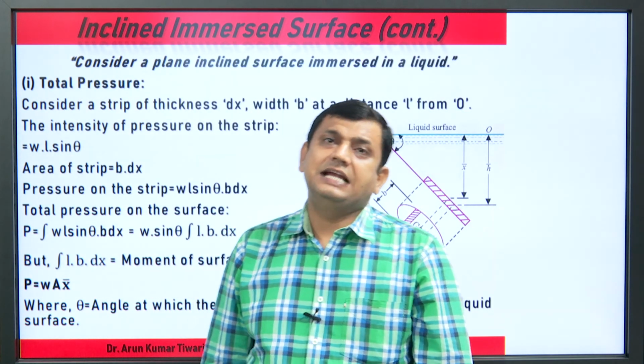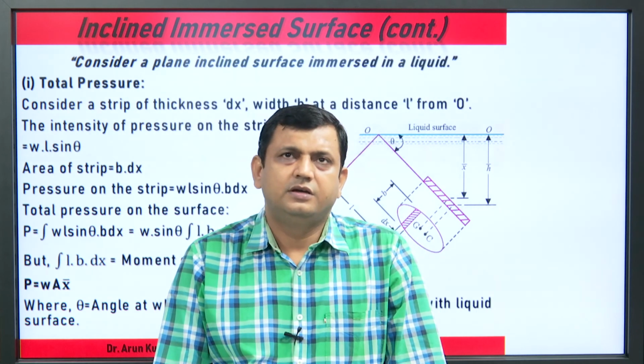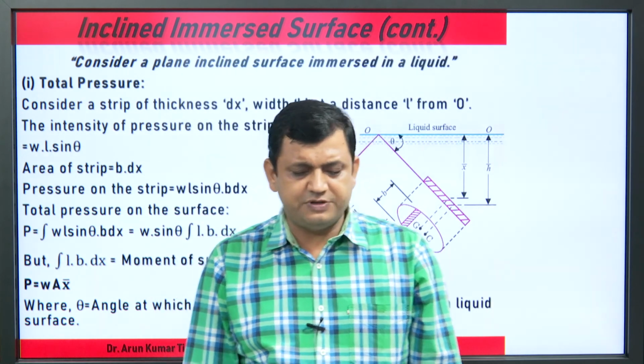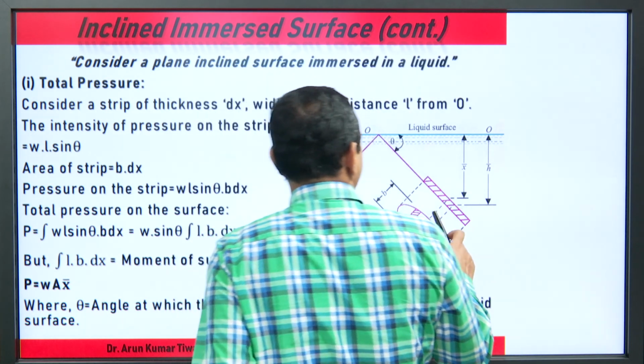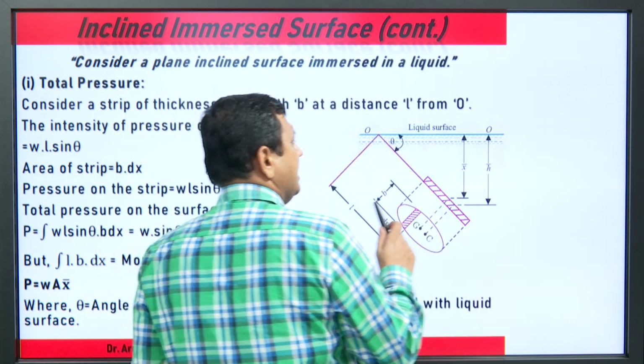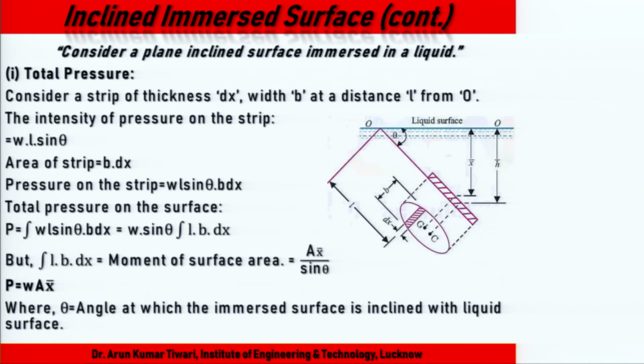Again, the inclined surface. In the inclined surface, it is very simple. We convert it into vertical, which means the sin theta component comes into the picture.